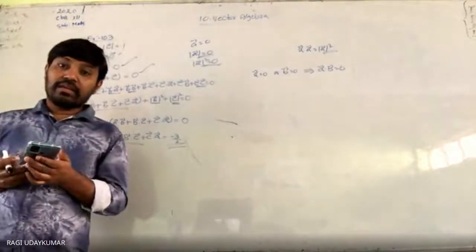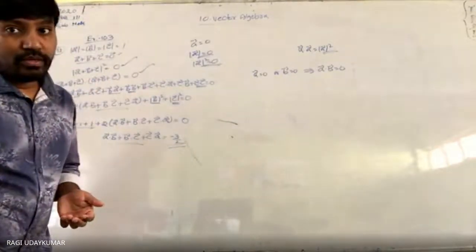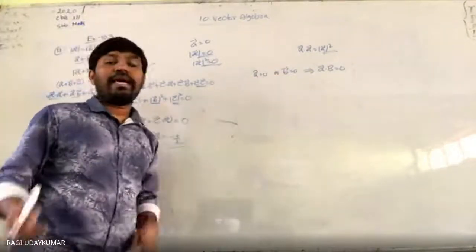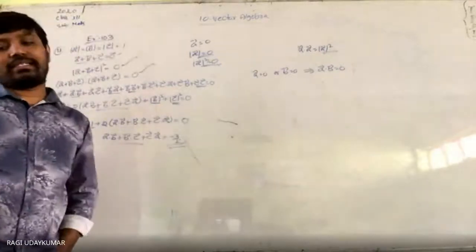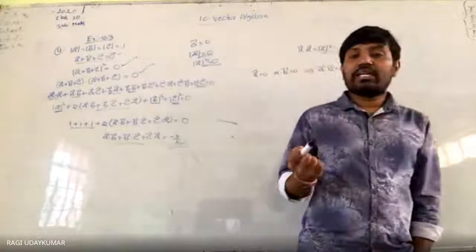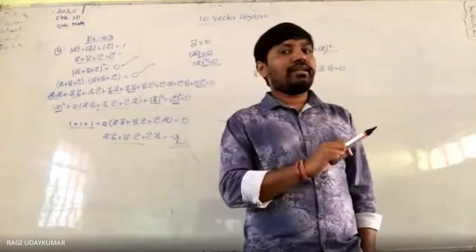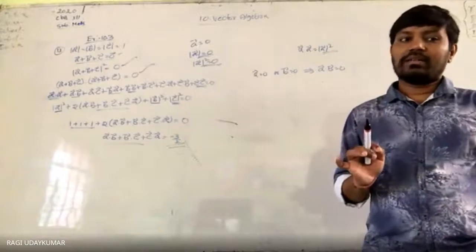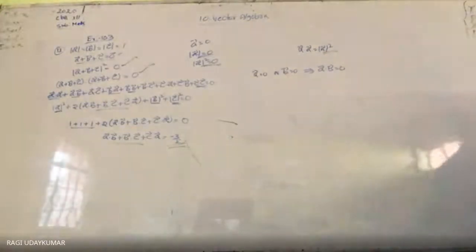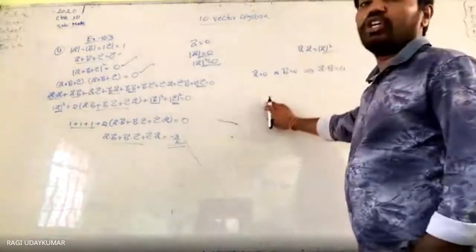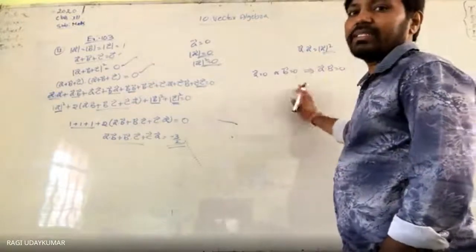If the dot product is 0, then both cannot be non-zero vectors? See here, in the given two vectors, if any one vector is a zero vector, then their dot product is 0. But if the dot product is 0, the vectors need not be zero.